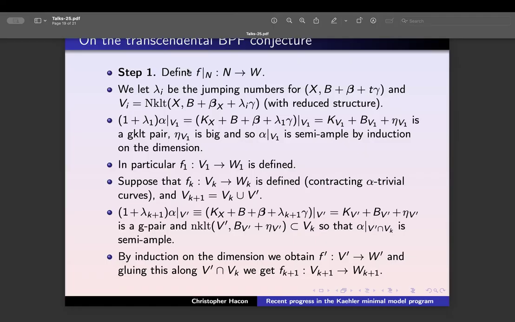That introduces a lot of bookkeeping, and then you need to be careful how you glue these things together. And things are not normal, for example, precisely along this locus where they intersect. So that creates some other technical difficulties. And it's not clear to me whether it's just a bookkeeping issue, or there really is some big difficulty hidden somewhere here.